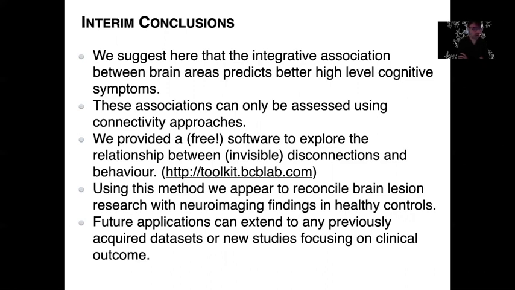And so what we suggest here is that the integrative association between brain areas predict better high-level cognitive symptoms rather than isolated brain regions. That would be only possible because we changed the method of looking at things and we used connectivity approaches. We take people on the train with us, use the software, demonstrate that we're wrong.